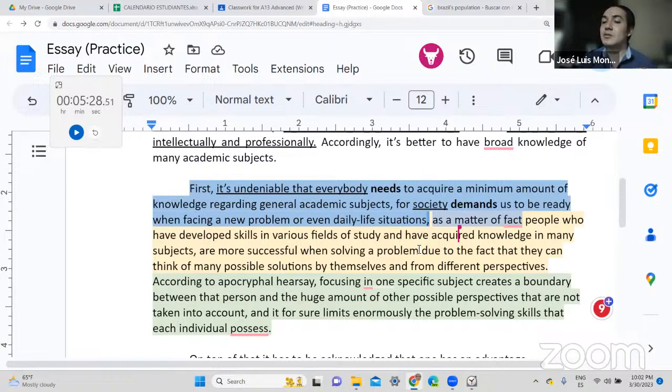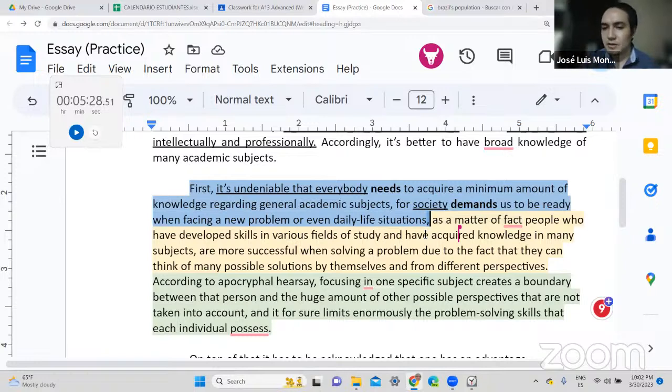So it means that it's going to connect two different ideas. But of course, not in the sense that they are different and not related; in the sense that this one is going to give a new idea about the previous one that you mentioned. Okay, so here we would need either a period or a semicolon.